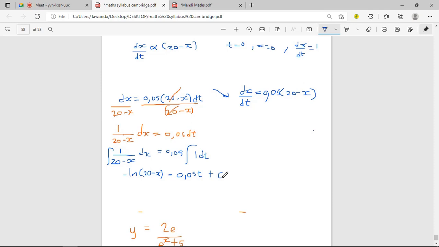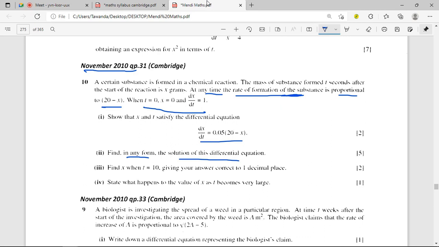Now we want to find the solution. Is it a particular solution or a general solution? What type of solution are we solving for? Particular. Why? Because we are given the initial condition, right? Let's substitute. Where there is t, put 0.